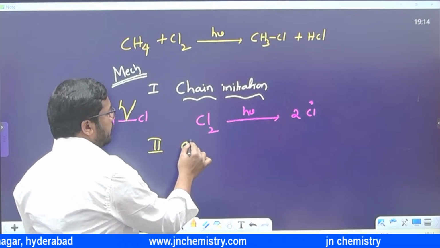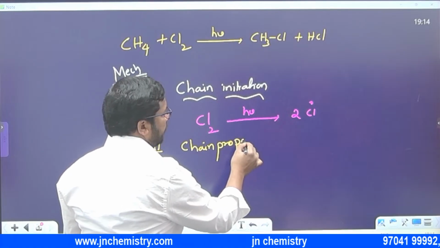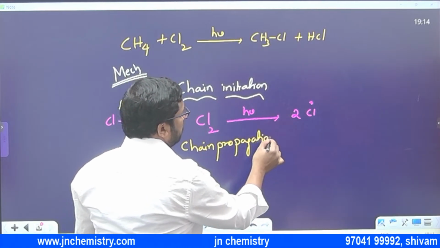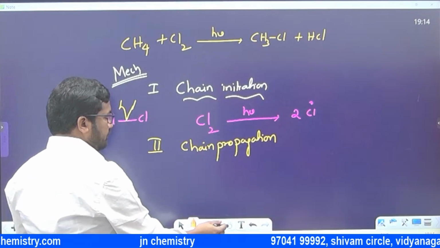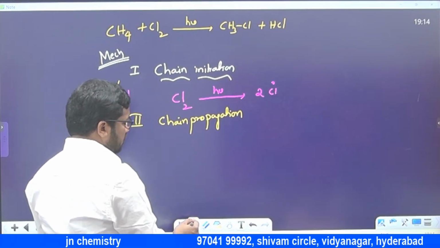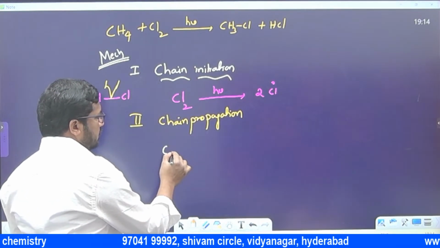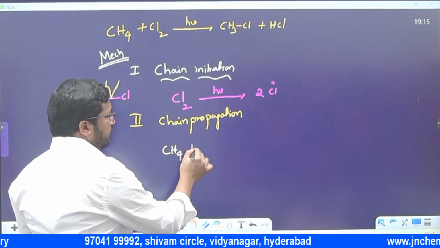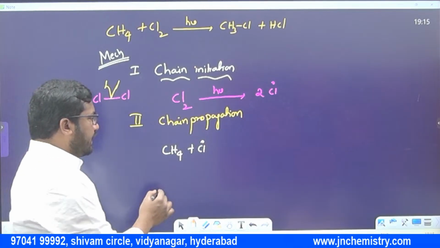Next, chain propagation. This chain propagation step is important. So in chain propagation, first this CH4 and one Cl radical coming from over here. What exactly happens?